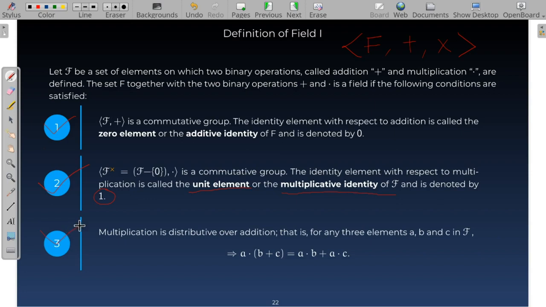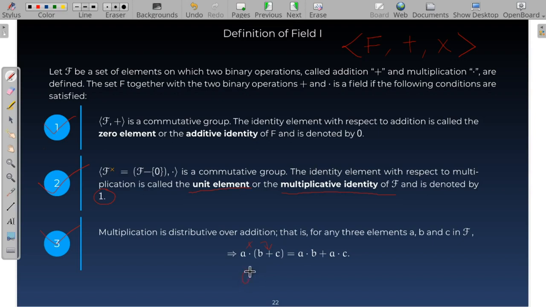Now the third condition: multiplication is distributive over addition. That is, for any three elements a, b, c that are elements of F, a times (b plus c) is actually equal to a times b plus a times c. So you can see that this multiplication operation is actually distributive over addition. Now vice versa is not true.